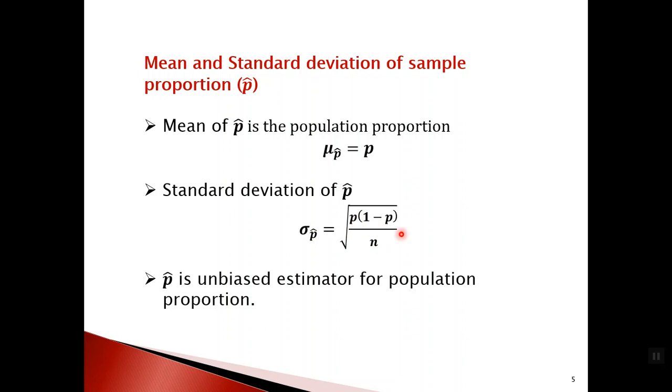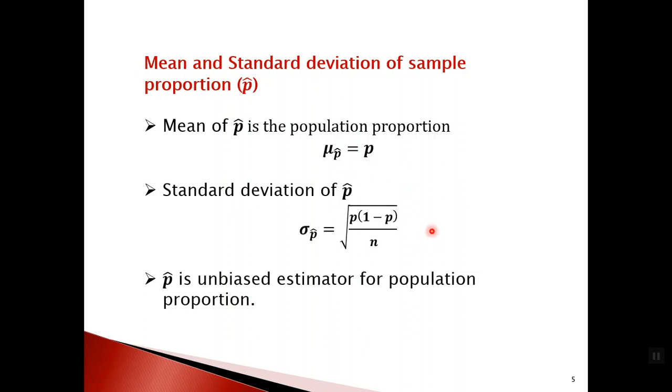So this p is the mean of p hat. How do you calculate this p? Using capital X divided by capital N, successes in the population divided by the population size.